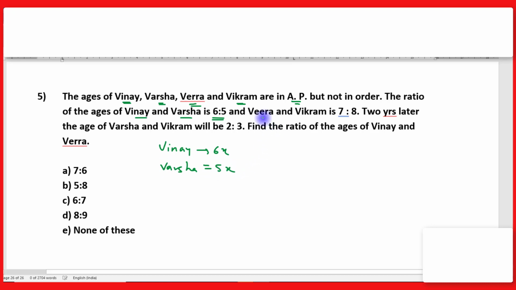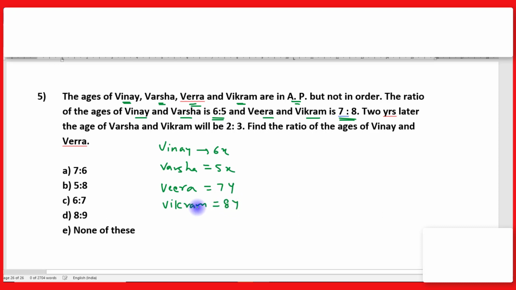And the ratio of Veera and Vikram is 7:8. So we will assume Veera's age as 7y and Vikram's age is 8y.